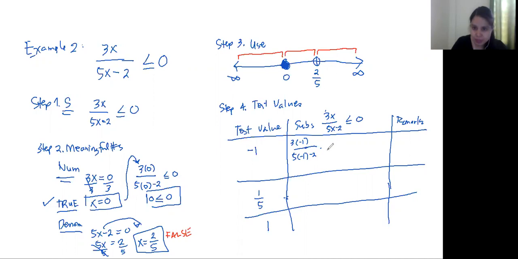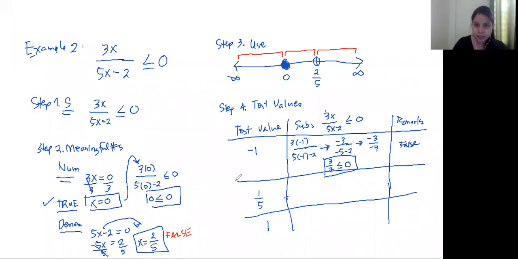I'll just make an arrow like this. -3, I'm solving on the left-hand side only. -5 minus 2. That will be -3 over -7. So our final answer is 3/7 less than or equal to 0. Then evaluate. Is this true or false? That is false.